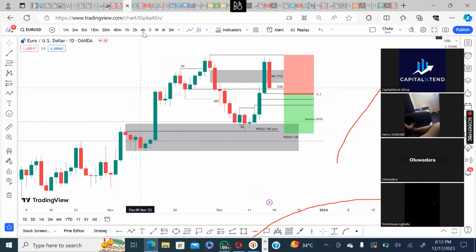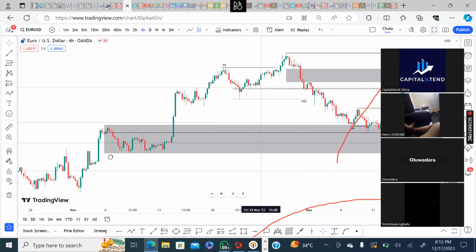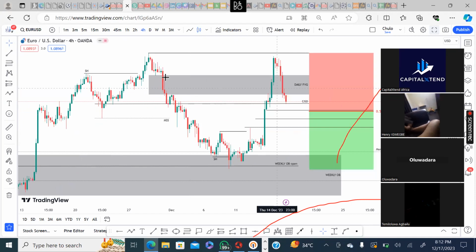So let's see. Look at what happened. Price closed above it with this aggressive move, and then came back and closed below it.